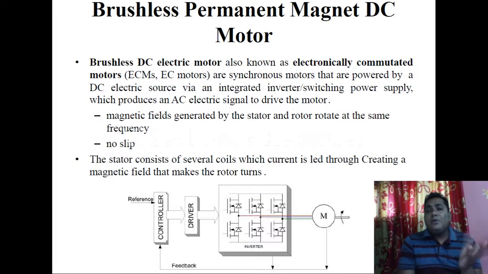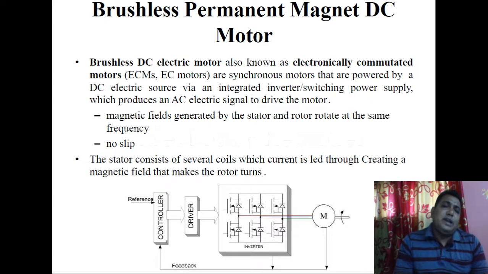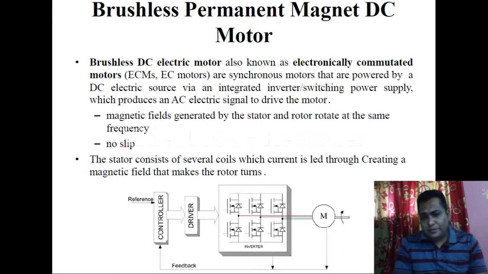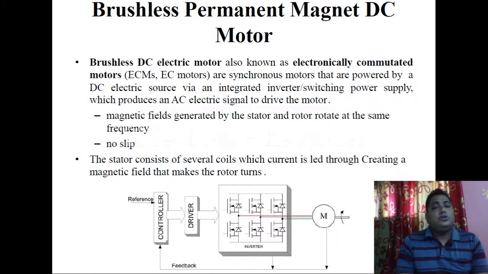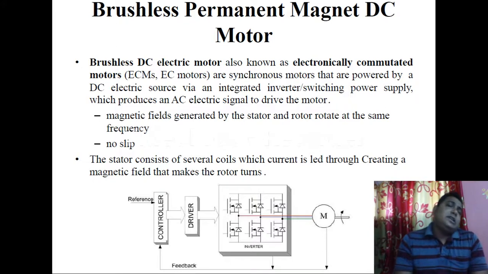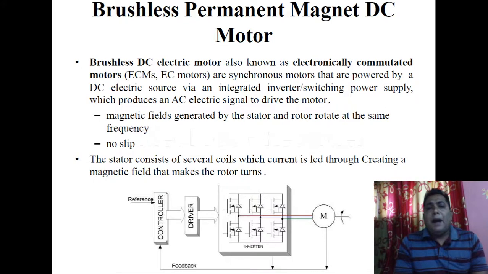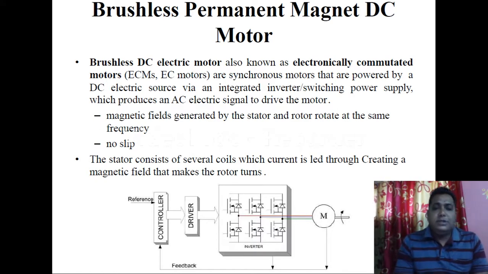Okay, so now combining these two concepts, we have the brushless permanent magnet DC motor. So let us see. Brushless DC electric motors, also known as electronically commutated motors, are synchronous motors that are powered by a DC electric source via an integrated inverter or switching power supply, which produces an AC electric signal to drive the motor.